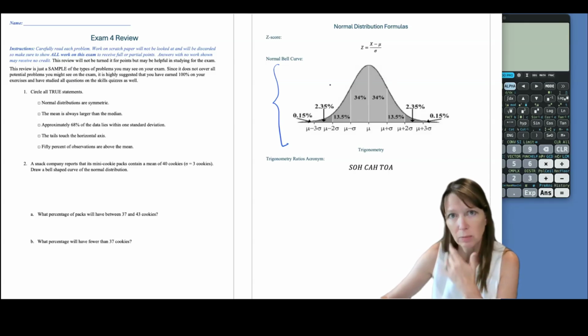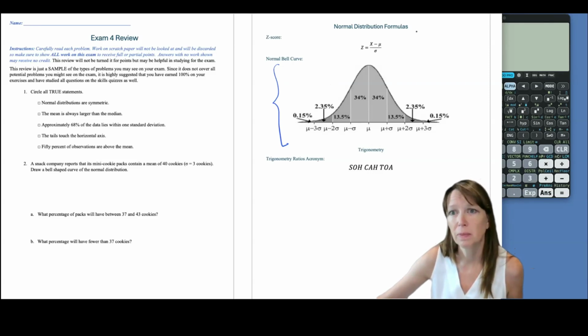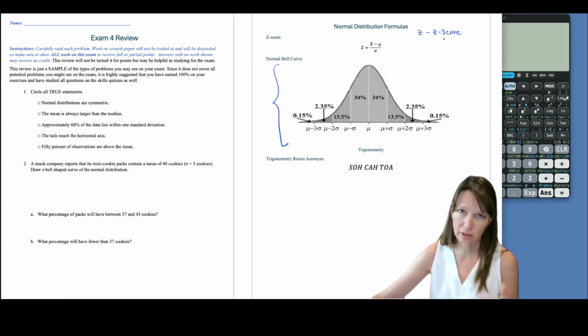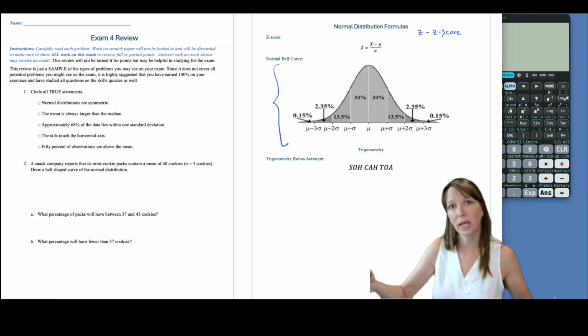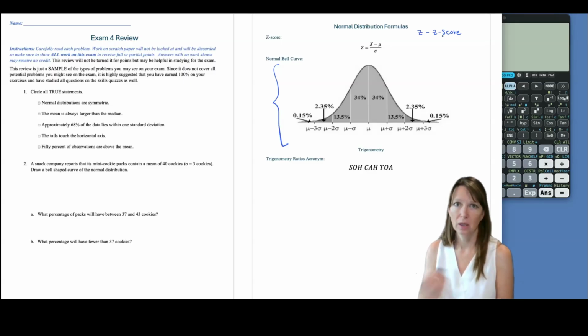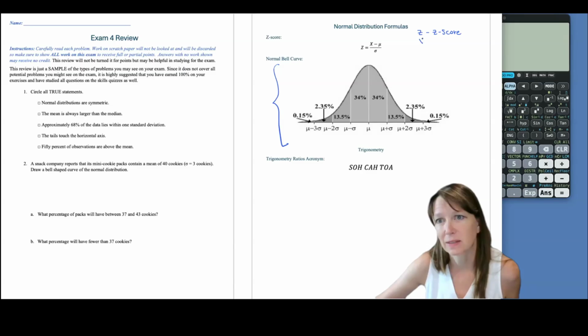So let's start with making sure that we understand what these variables mean. Z is going to be for your z-score. That's sort of like a standard deviation, but it's for a specific data point. So it tells you how far away from the mean your data point is. X is the specific data point.